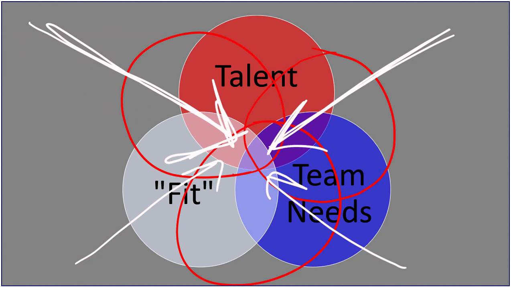Now, ultimately, the BPFU might add these extra circles that you see here, and you might end up with a Venn diagram that looks more like a flower than anything else. But the idea here is that every aspect you're looking at, the goal is to try and draw towards the center, as you see the arrows are doing here. The more things that a person fits and the more that they pull towards that center, the greater the likelihood that they will fit into the team needs.